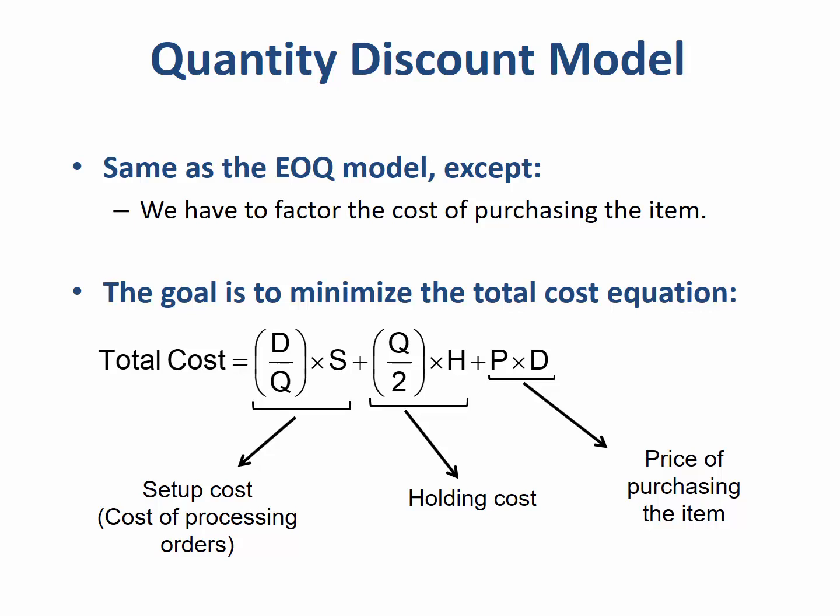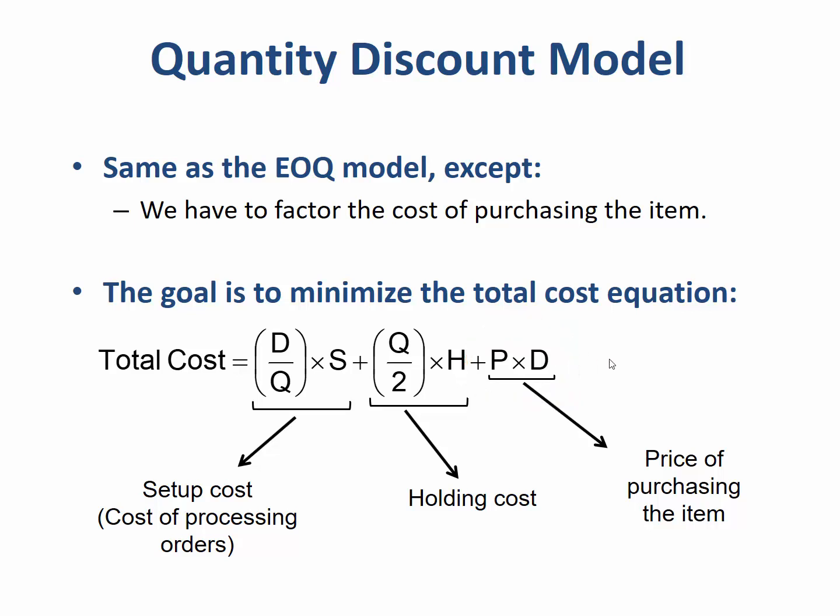What you're going to see is that the total cost function looks very similar to that of the basic EOQ model, but with one key difference: this time we're going to factor in the purchasing cost of the item. So not only would we have the setup cost and the holding cost like in the basic EOQ model, but this time we're going to add the purchasing price, which is the price per unit multiplied by the annual demand.